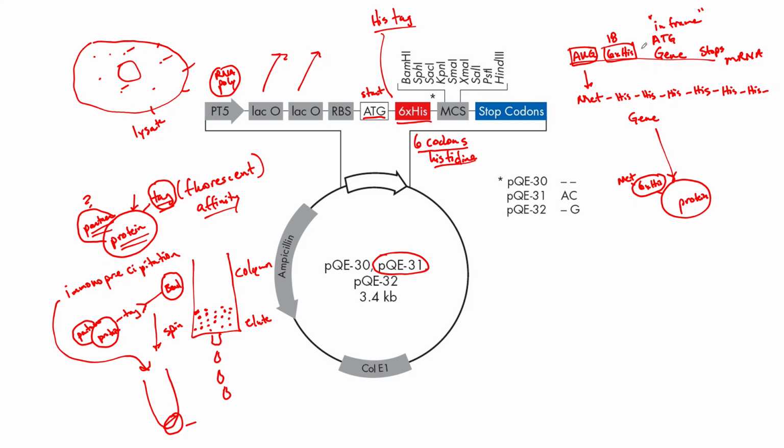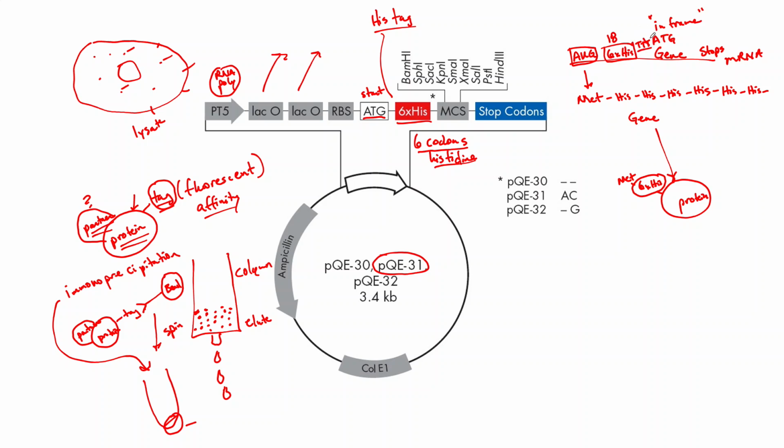And that's important because as the ribosome reads the start codon and the 6 histidines, it will set the frame for how this mRNA is read. And so as long as you have a multiple of 3 bases between the start codon of your gene and the last of the histidine codons, then that ribosome will continue to read that gene like it should.